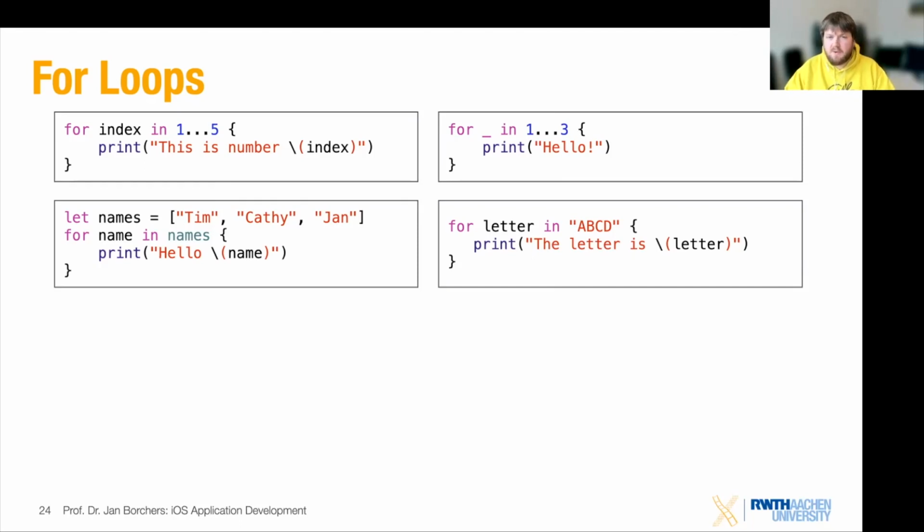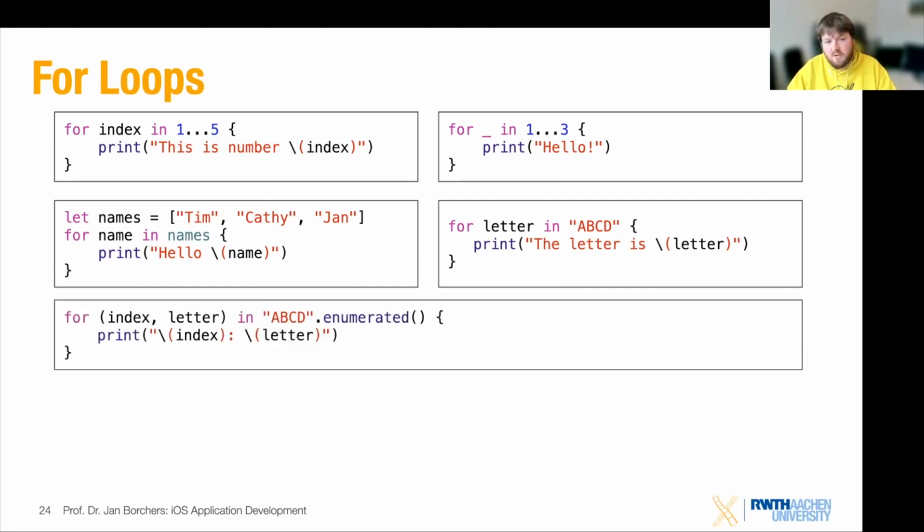And if I'm not only interested in the elements of the array, but also at which index they take place, then I can do that as well by having a tuple as my iteration variable here with index and letter. And I'm not only iterating over an array, but I'm creating a new array by enumerating the elements of the string here.